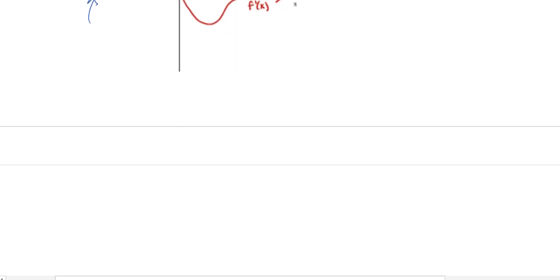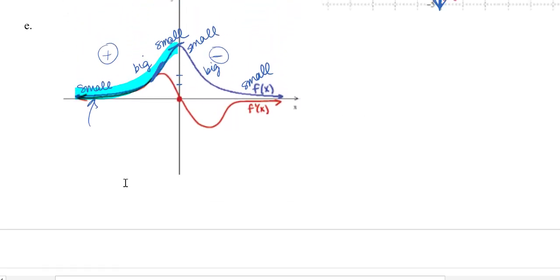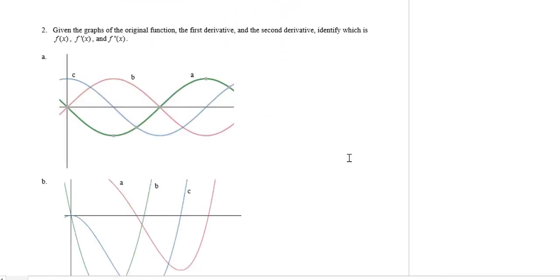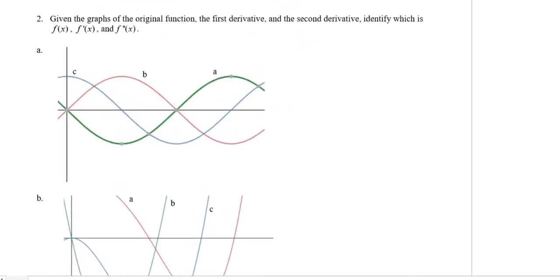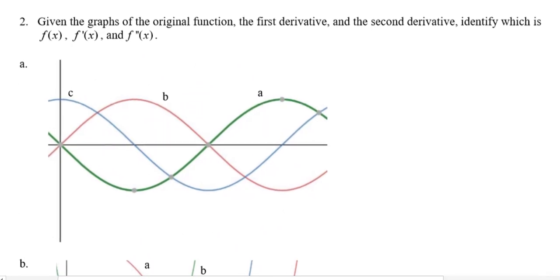So let's see if we can do something which I think is really interesting here. Let's take 3 graphs, and you are going to identify which is the original, which is the first derivative, and which is the second derivative.